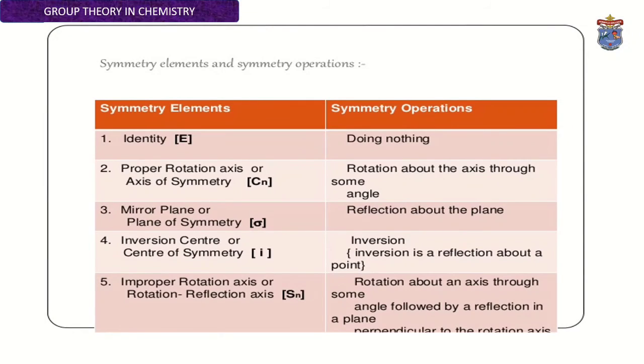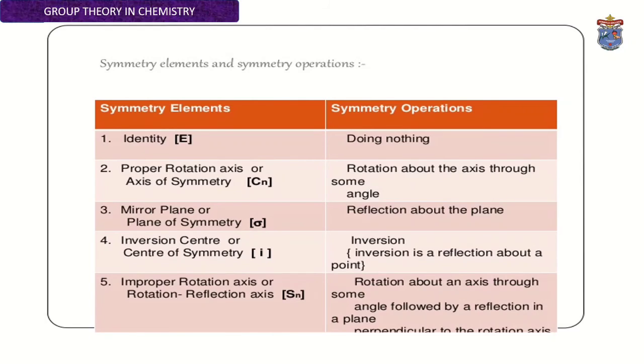This table represents the comparison or the summary of what we have seen in this module. Five different symmetry elements are given, and according to the element, what operation we can do is given in the second column. The first element is identity operation. It is represented by the letter E. So what operation are we doing?